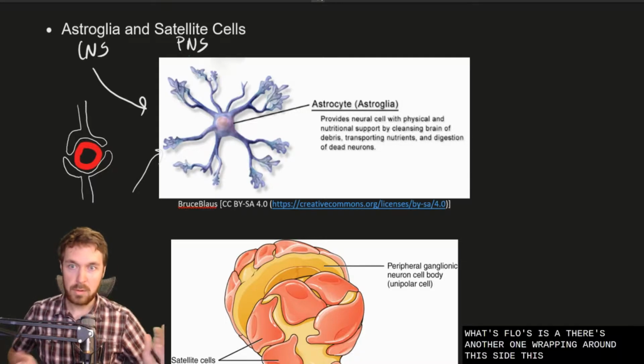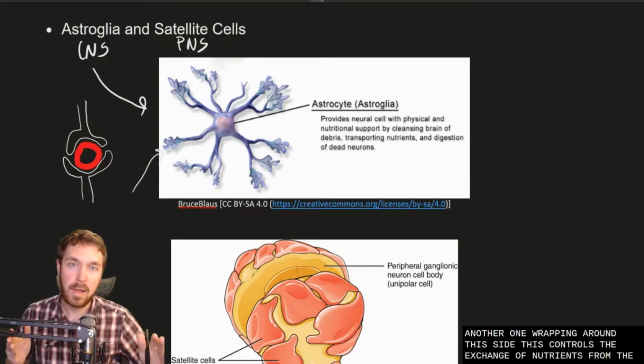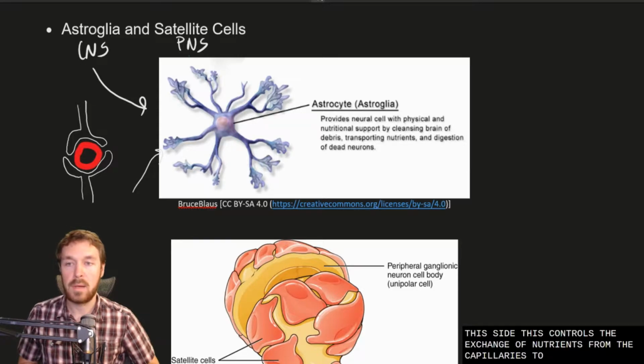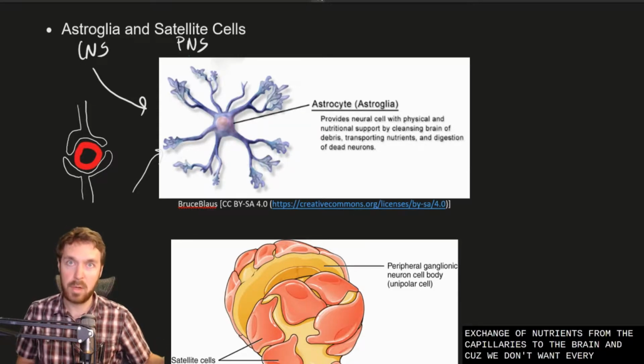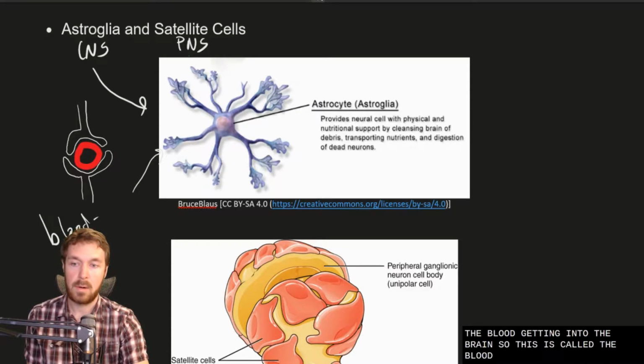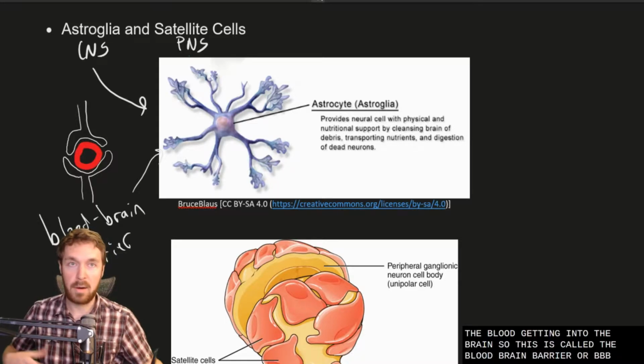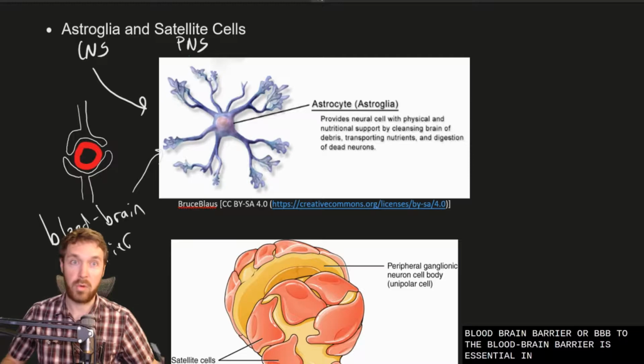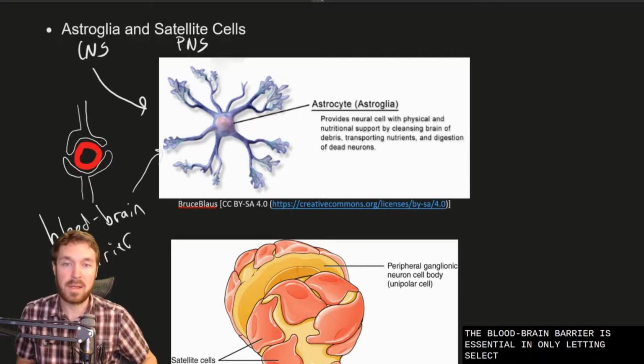This controls the exchange of nutrients from the capillaries to the brain, because we don't want everything in the blood getting into the brain. So this is called the blood-brain barrier, or BBB.